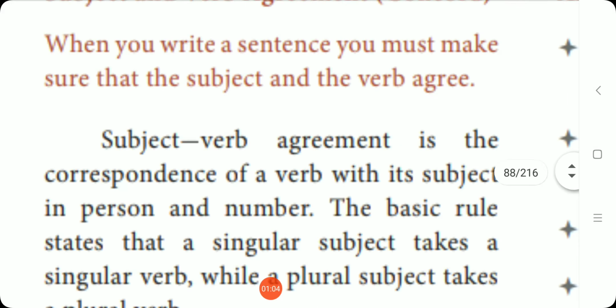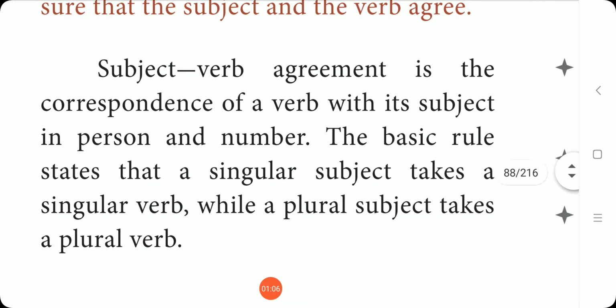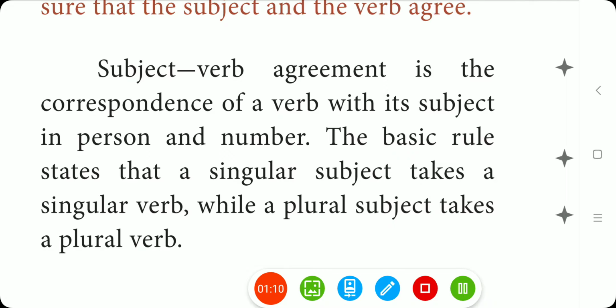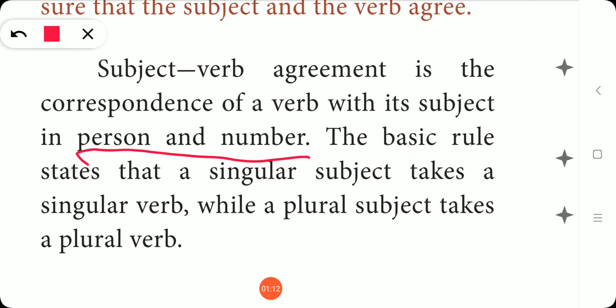Subject verb agreement is the correspondence of a verb with its subject in person and number. The basic rule states that a singular subject takes a singular verb, while a plural subject takes a plural verb.